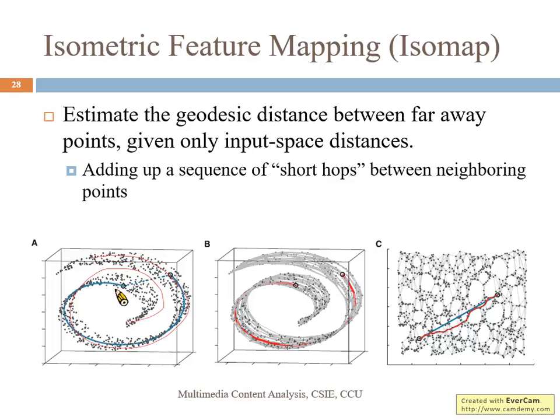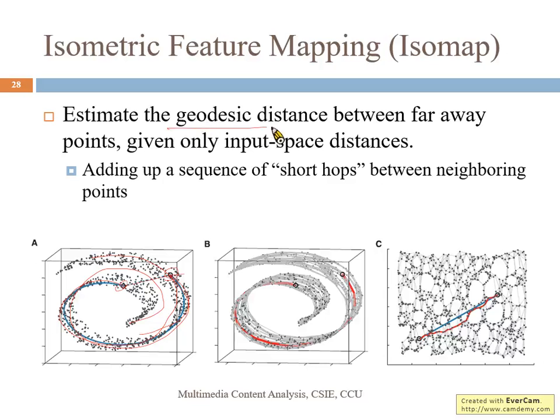If we calculate the distance between this data point and this data point based on Euclidean distance, then we may misunderstand the real distance between these 2 points, because theoretically these 2 data points are apart by this geodesic distance.